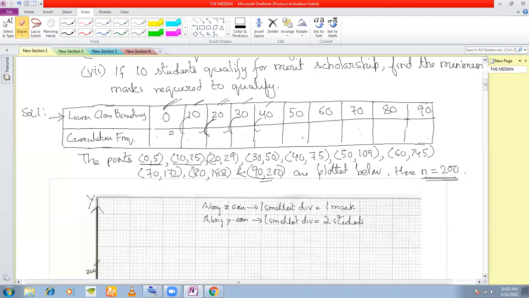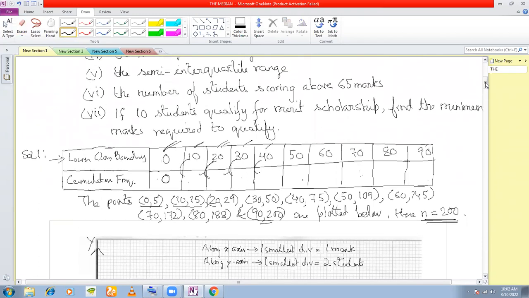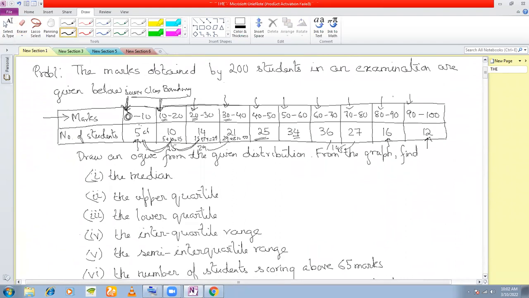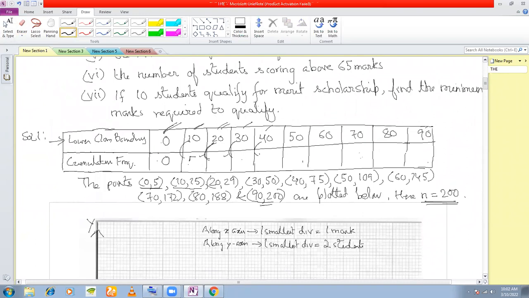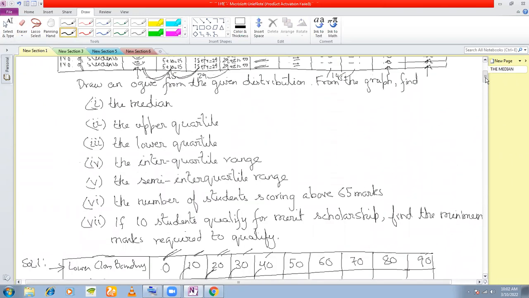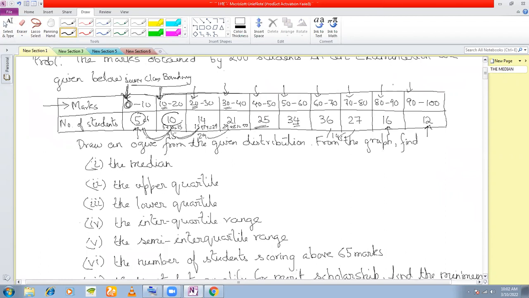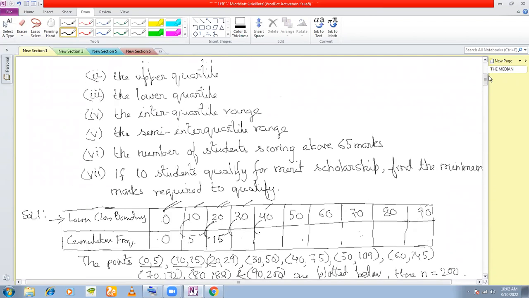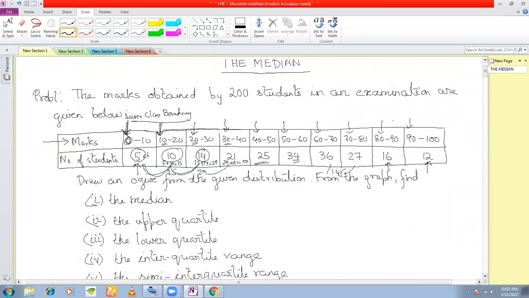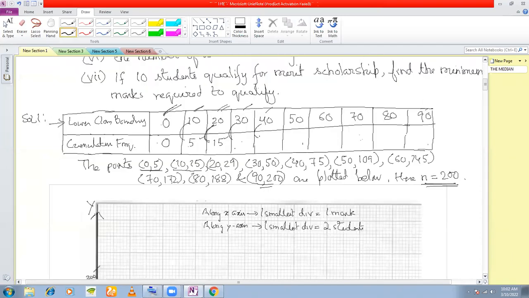For the lower class boundary 0, the cumulative frequency will be 0. And for the next lower class boundary, we are going to take the cumulative frequency as 5, right? And for the next one, we are going to take 10 plus 5, which is 15. Right? And similarly, for the next one, we are going to take 15 plus 14, which is 29. Right? And this we are going to carry on.